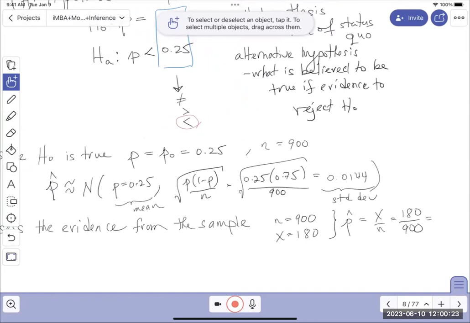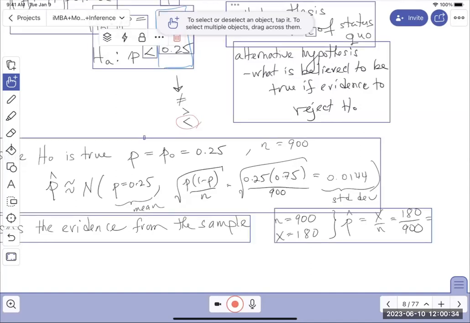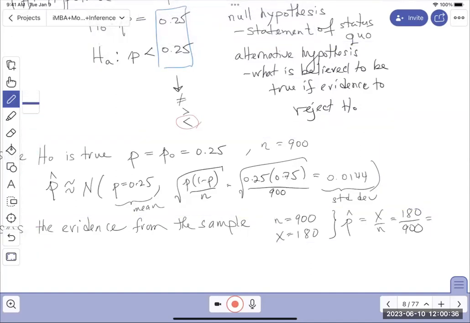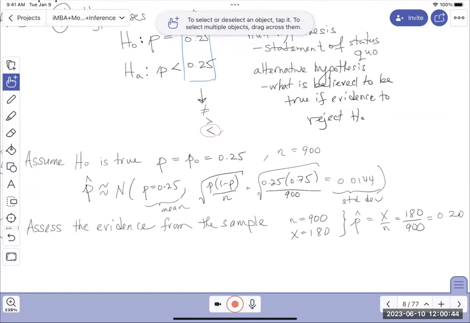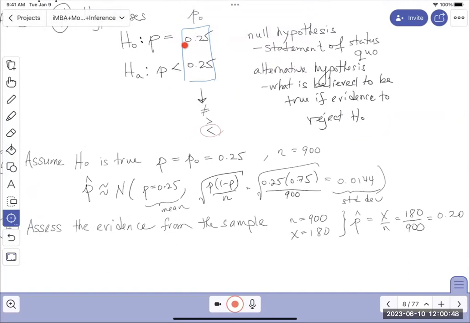You have to keep it in your head, separating the sample result and the population result. Always, always separate those in your mind. Okay, so we got 20%. So the question becomes, is this evidence against 25%? How will we figure that out?